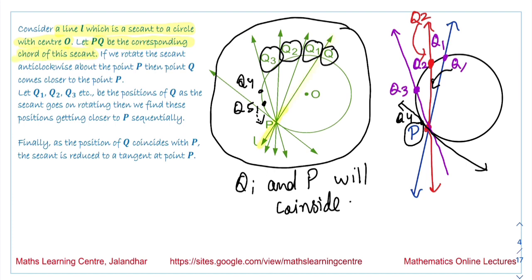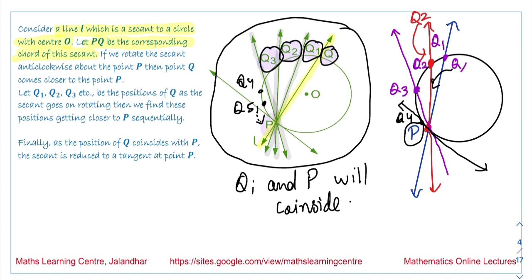If we rotate the secant anti-clockwise about the point P, then the point Q comes closer to P. We get Q1, then Q2, then Q3, and finally we reach the point P.